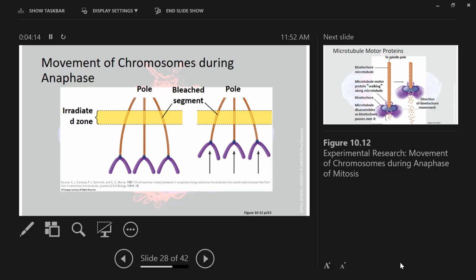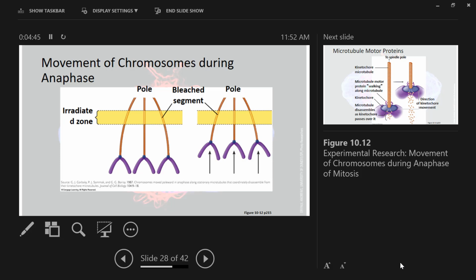And so something that was interesting is that the idea was that really all that's going on when these sister chromatids are pulled apart is that these microtubules are shortening. You're just starting to shorten them. But what's interesting is microtubules only grow and only shorten at one end, and it's called the positive end, which happens to be the end that's attached to the chromosome.